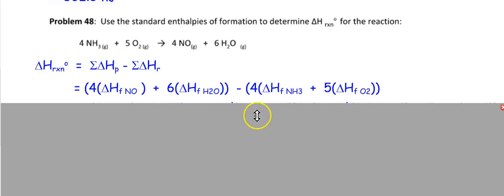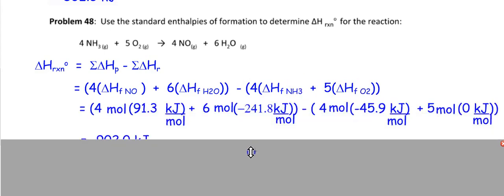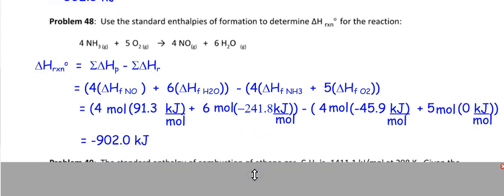And then I have a whole bunch of numbers in here. Adding them up minus adding them up. Notice that oxygen is 0. That makes life pretty easy, doesn't it? And I add them up, I get negative 902.0 kilojoules.